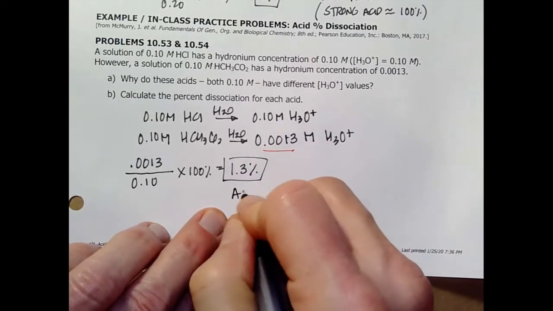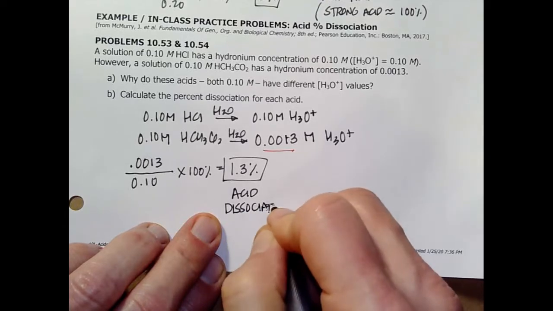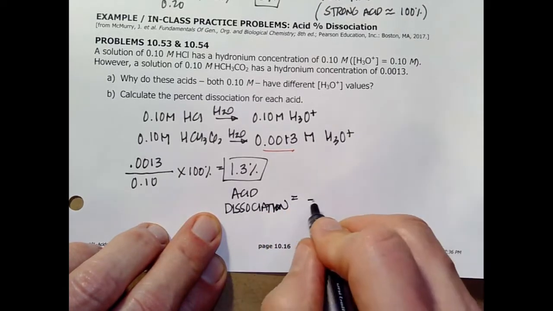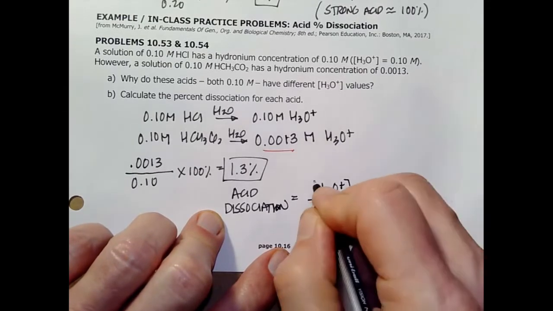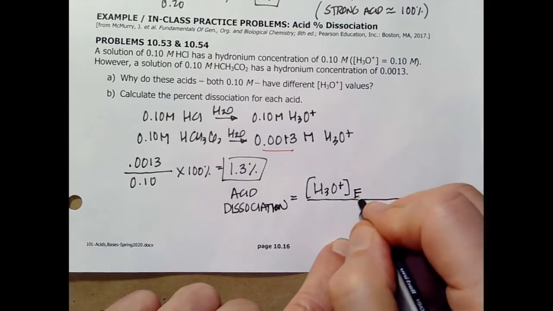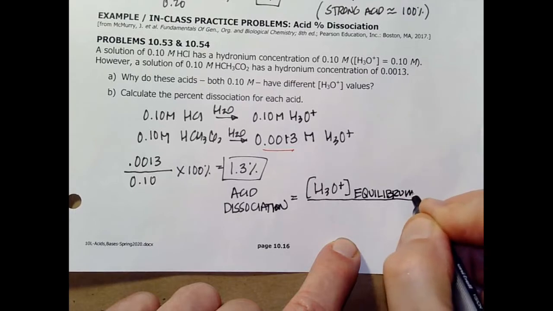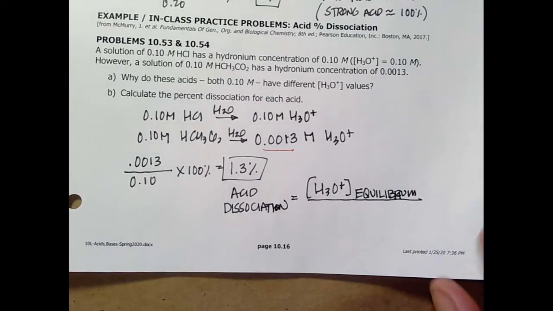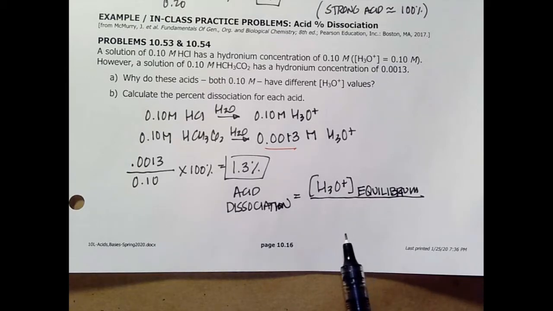So acid dissociation equals the H3O plus concentration at equilibrium, meaning you put the acid in the water, let it sit for a while, and measure how much H3O plus has been produced. And that's only been produced when the acid dissociates and makes that.